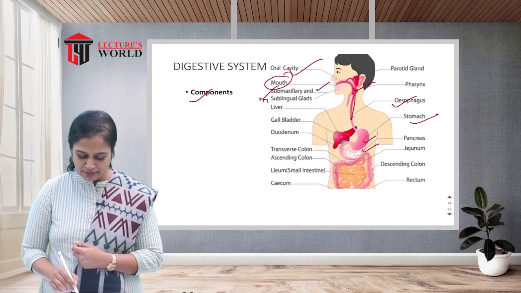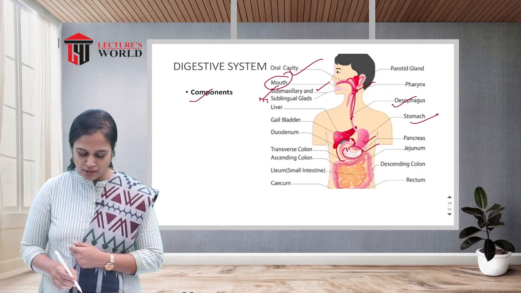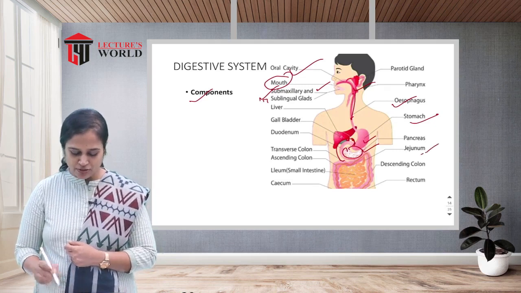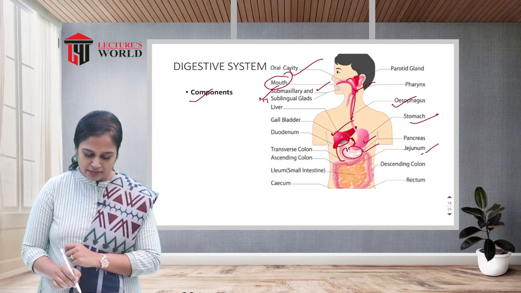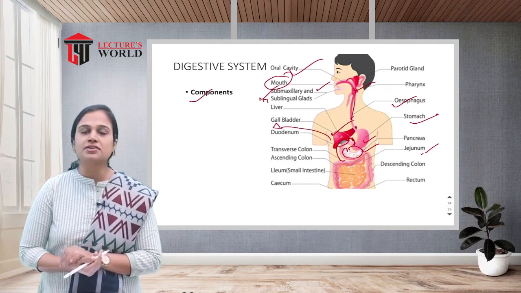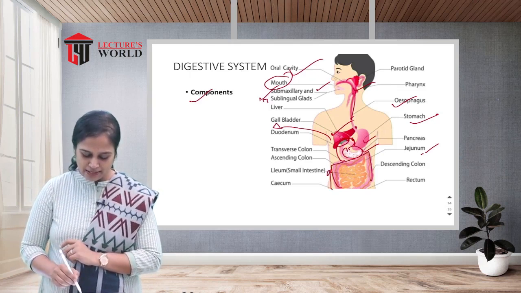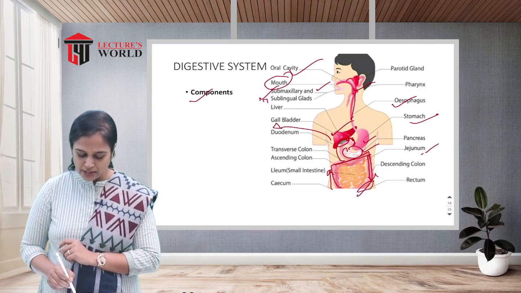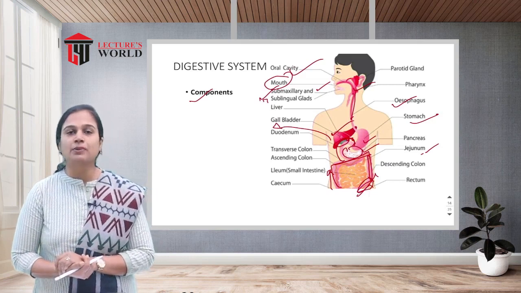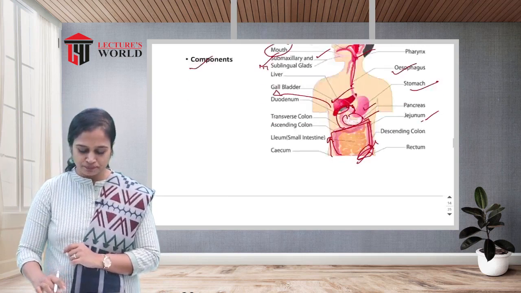Then there is the pancreas, the small intestine, which has the jejunum and duodenum, and the liver. This small structure is the gallbladder. From the small intestine it becomes the large intestine, which has the ascending colon, transverse colon and descending colon, and then the rectum, sigmoid colon and the cecum. So these are the organs of the digestive system.